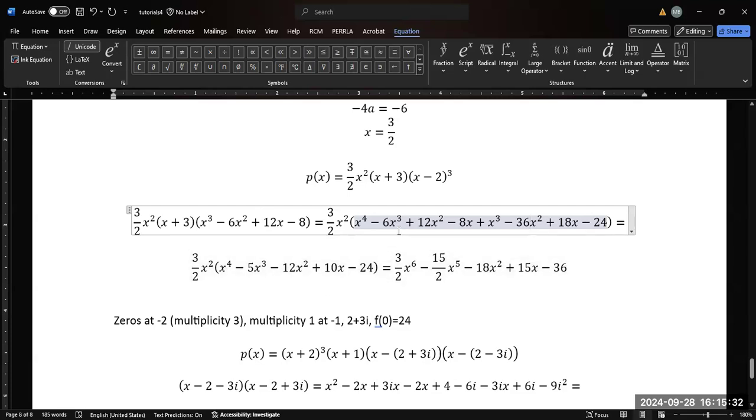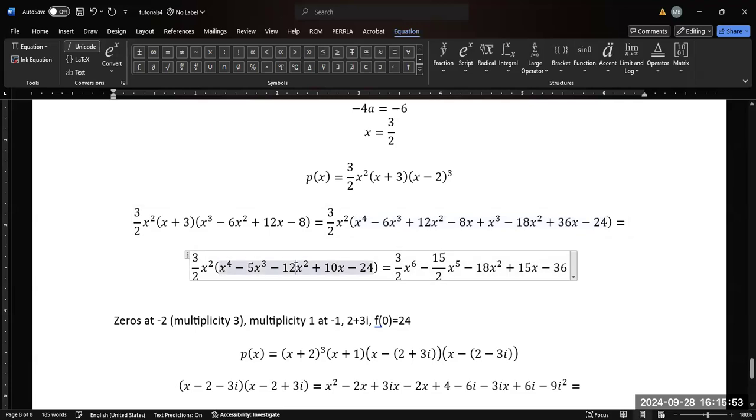Okay, so then fixing my arithmetic, the square is what was affected. Oh, not that one. That one was okay. It was this one. So the squares become negative 6.